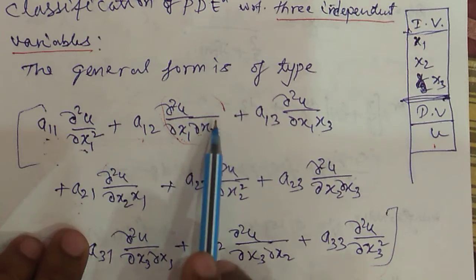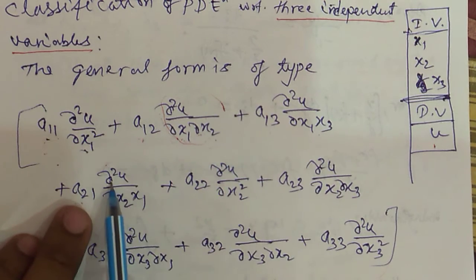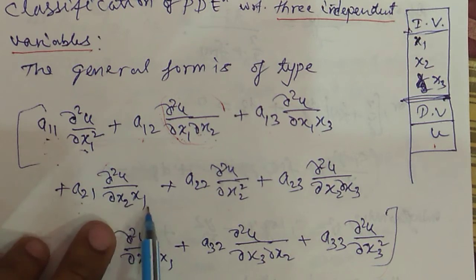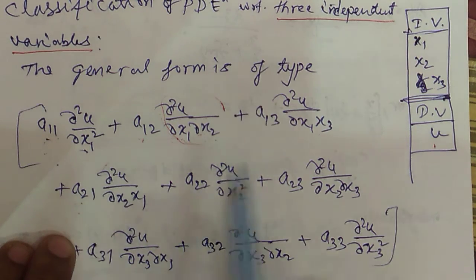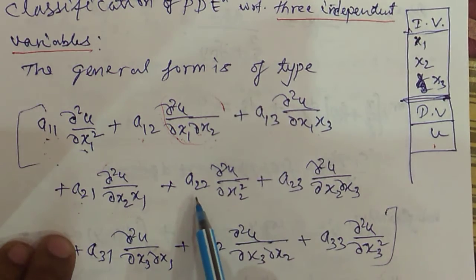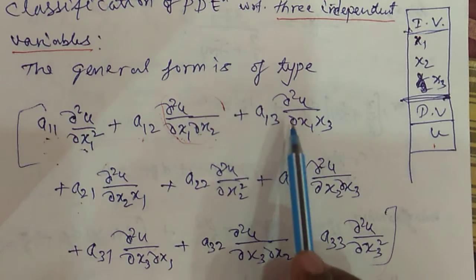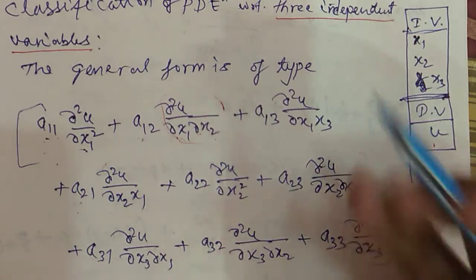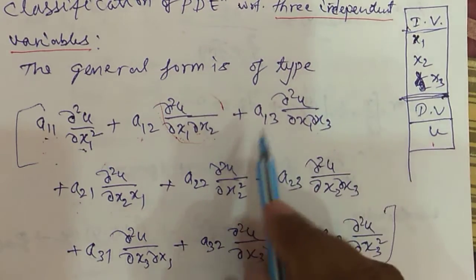Similarly if we change the order then it becomes del 2u over del x2 del x1, so its coefficient would be a21. Similarly we write all the coefficients the same way, del 2u over del x1 del x3, so its coefficient is a13.